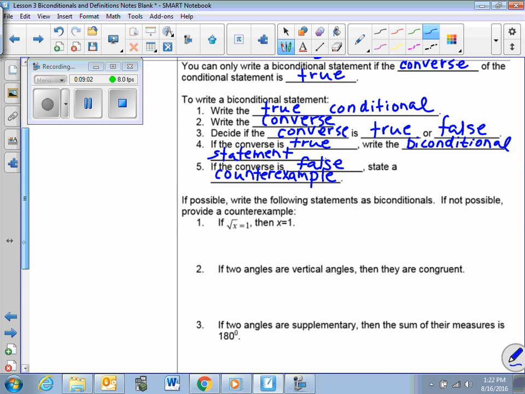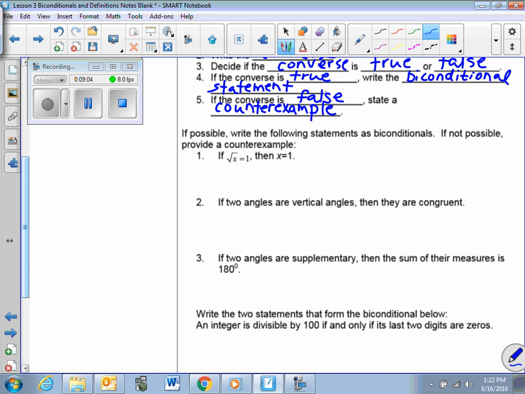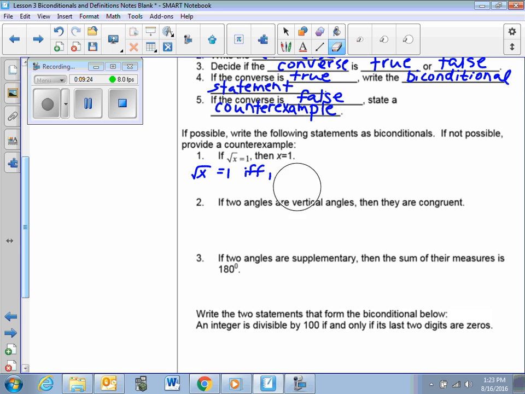All right, let's see if we can do these. If possible, write the following statements as biconditionals. If not possible, of course, we have to provide a counterexample. So our biconditional would say the square root of x equals 1 if and only if x equals 1.